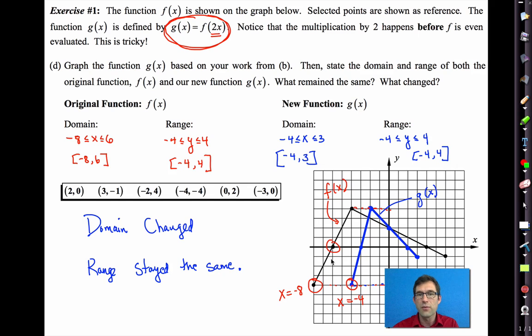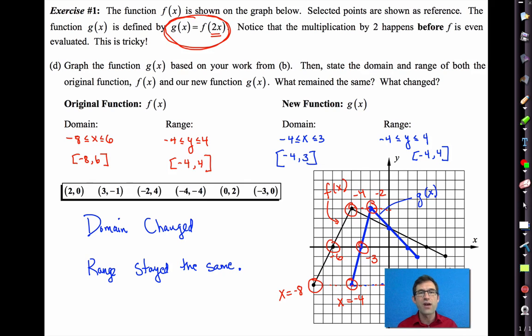This x value that was at -6 became this x value at -3. This one at -4 became this one at -2. Isn't that weird? So counterintuitive, because you'd think, well, I multiplied the x values by 2, everything should get larger or wider by a factor of 2, and it doesn't.